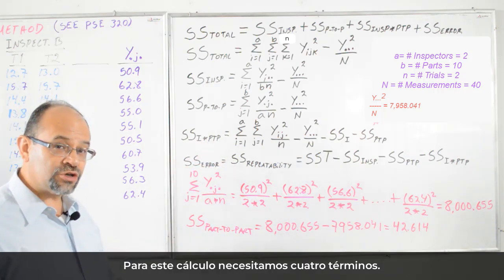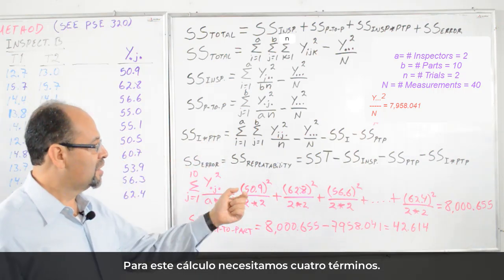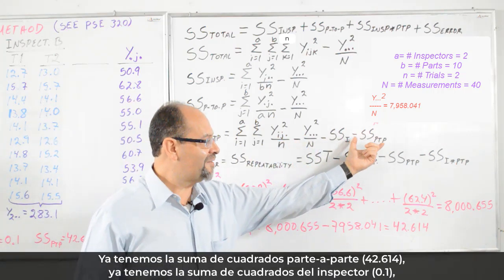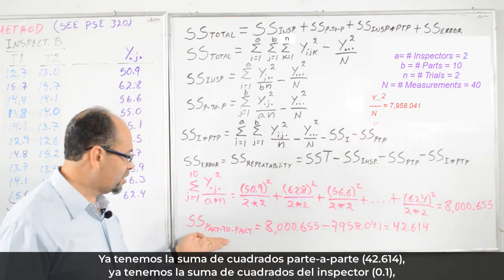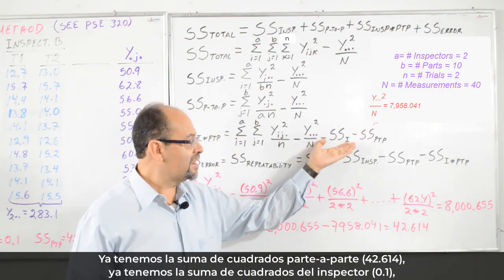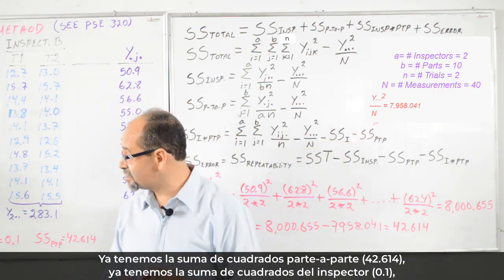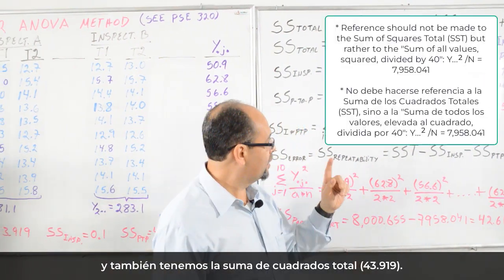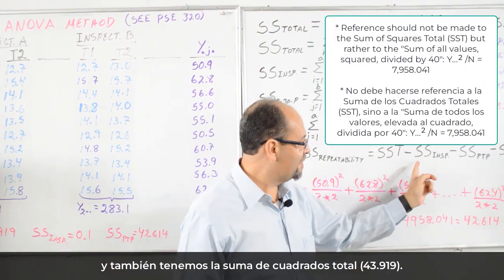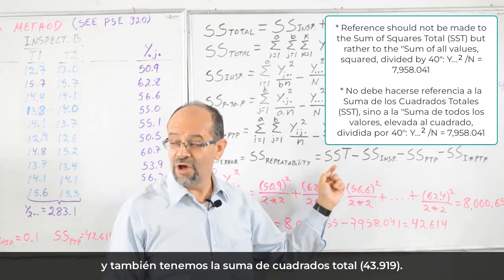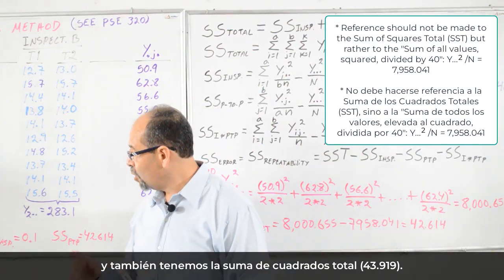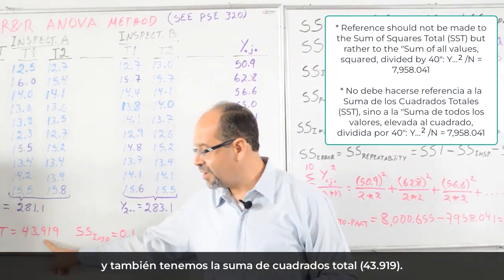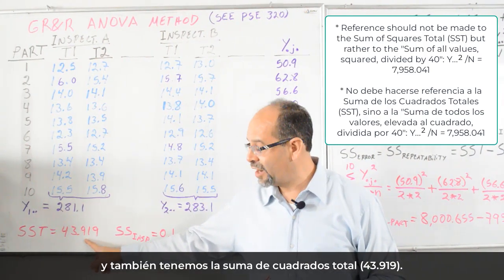Now, let's calculate the sum of squares of the interaction inspector part to part. For this calculation, we need 4 terms. We already have the sum of squares part to part, which is this one. We already have the sum of squares of the inspector, which is 0.1. And we also already have the sum of squares total, which is 43.919.